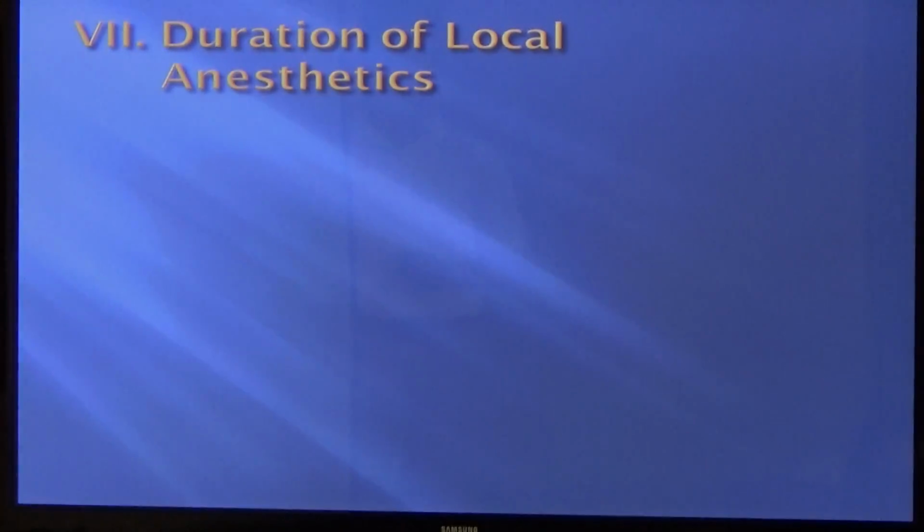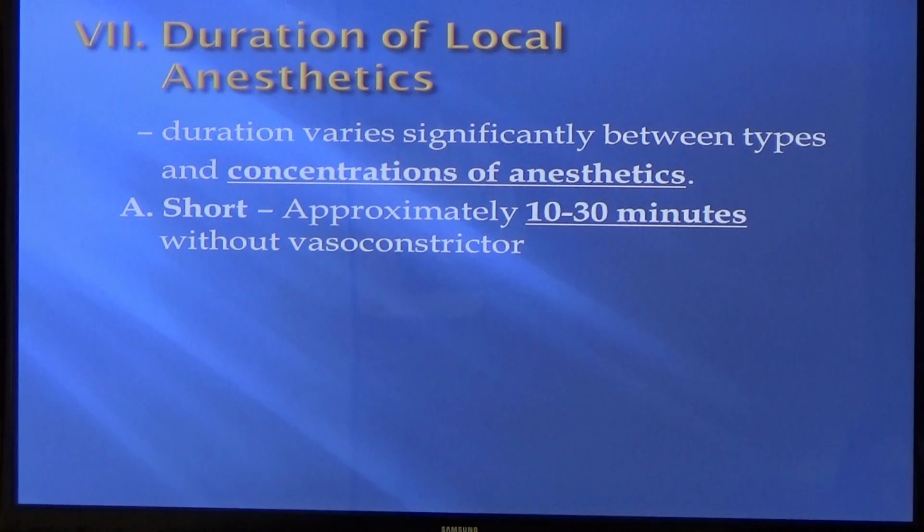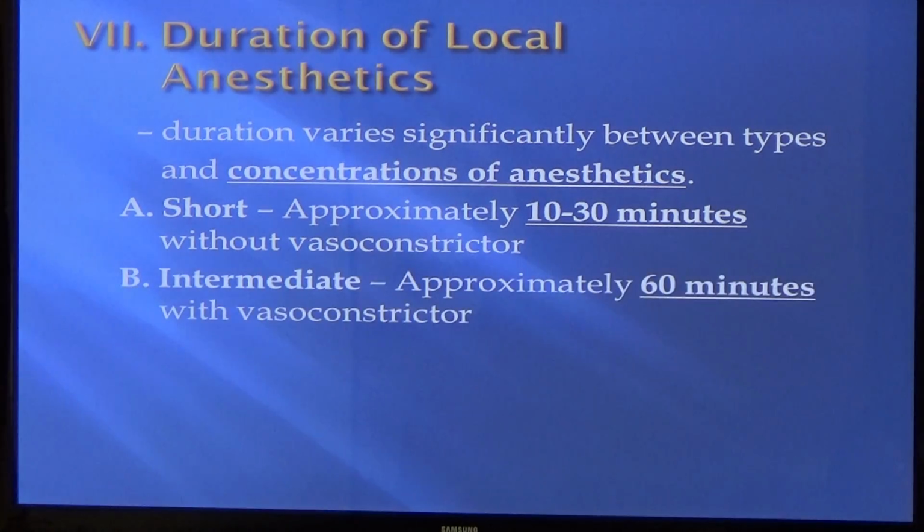Okay, so duration. Again, we select the anesthetic usually based on the amount of time that we need. The duration varies significantly between types and concentrations of anesthetic. A short one is going to give you 10 to 30 minutes without a vasoconstrictor, so we don't add epinephrine.